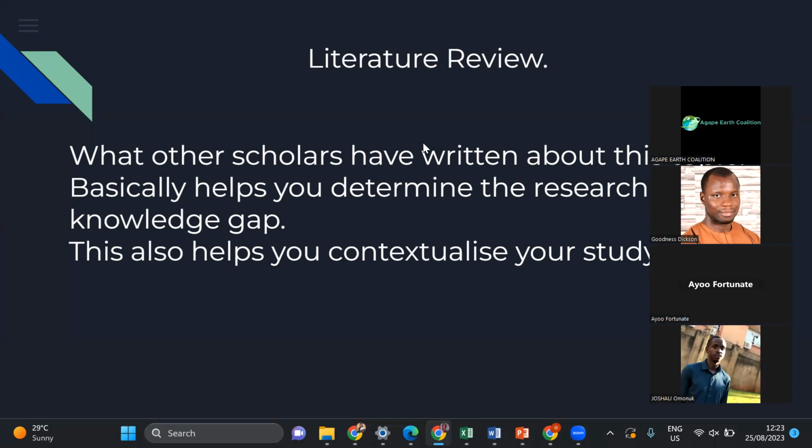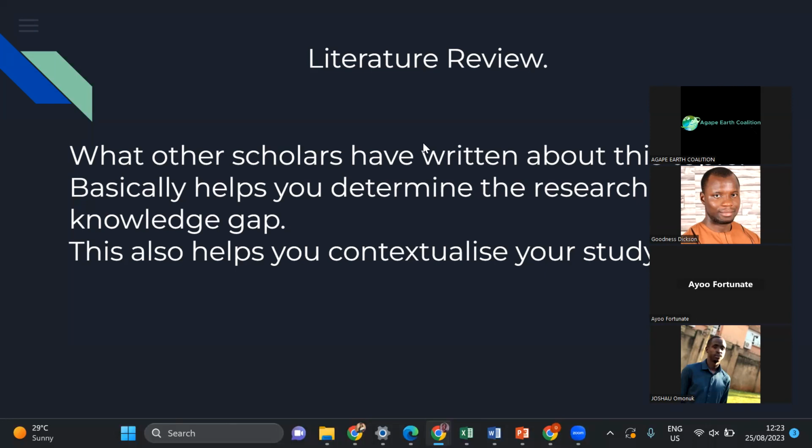For instance, if other researchers in the evaluation of adaptation finance studied countries like Nigeria, Uganda, Botswana, but you've observed they've left out countries in war-torn areas, that will offer you a research gap or a knowledge gap, and it can be a point of building on.